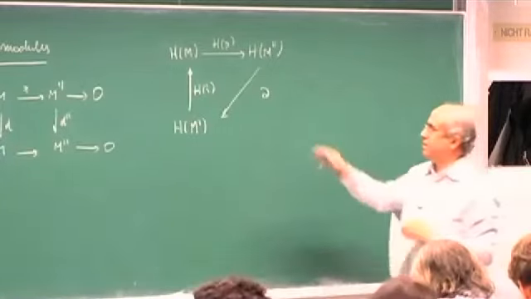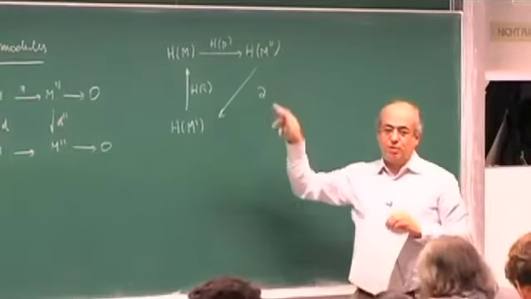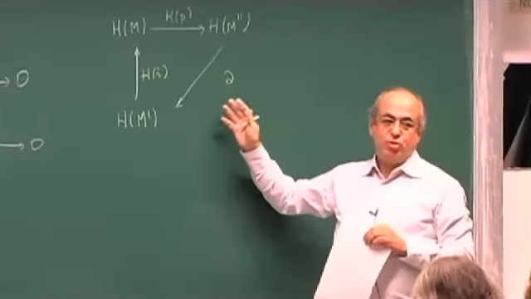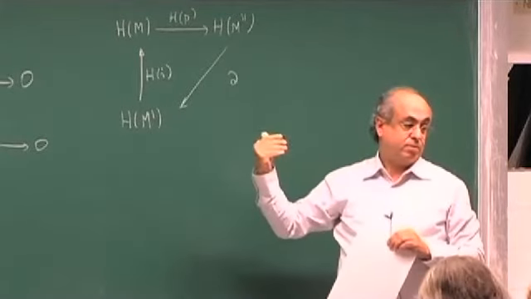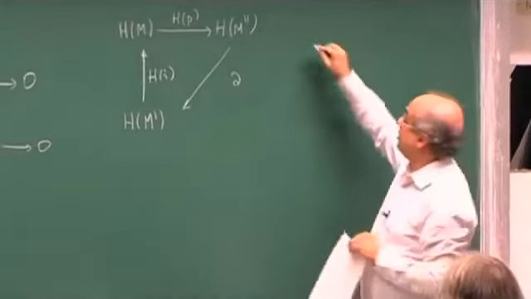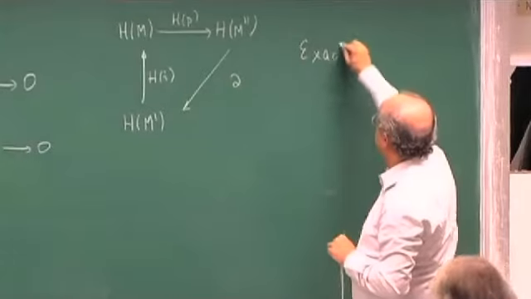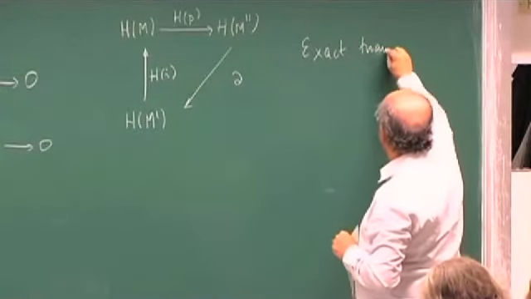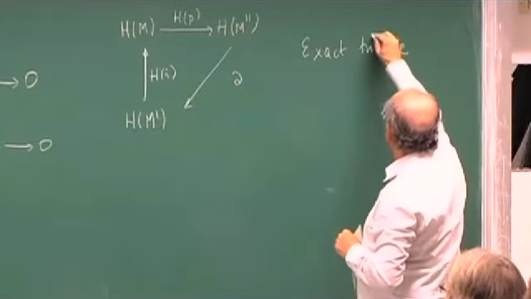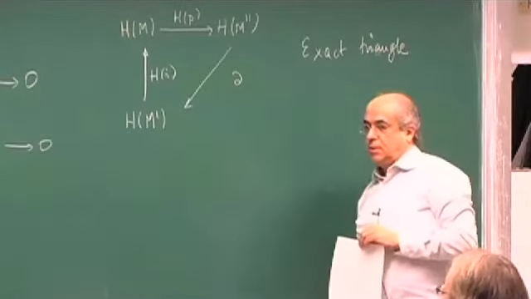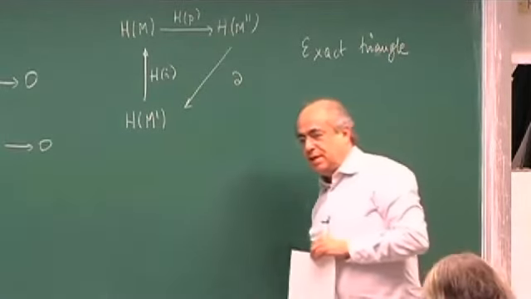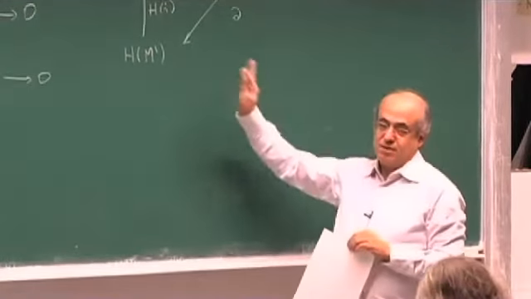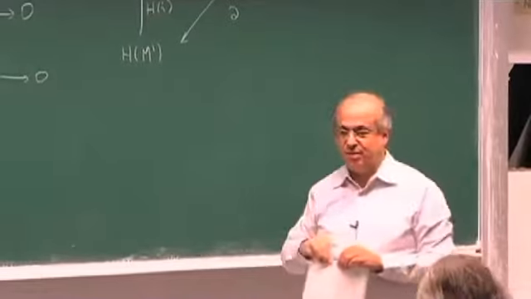So this means that in this loop, so to say, the kernel of every arrow is equal to the image of the previous arrow. So this is what is called an exact triangle. It's very easy to construct this, but it requires some lengthy checks.